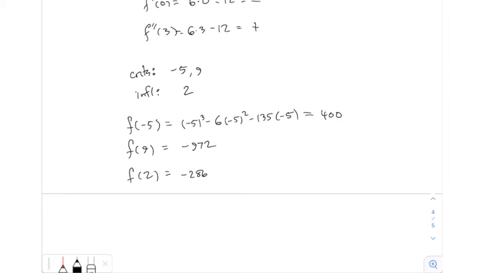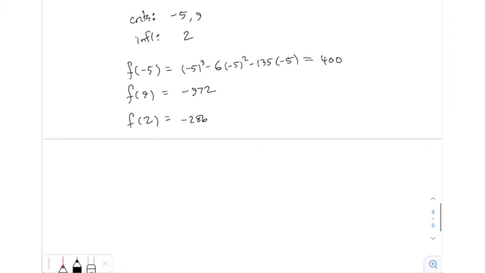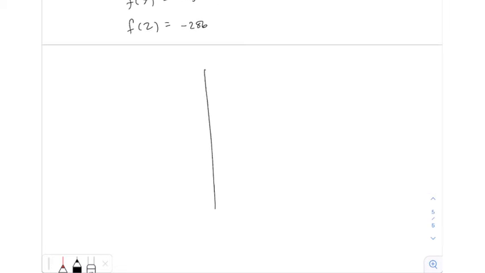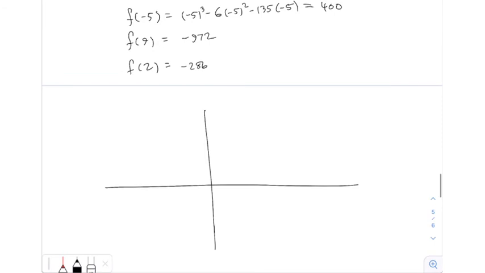All right. So I'm going to start by plotting those points. -5 and 400. I'll just put this here and maybe here. -5 and 400. That's a critical number. I'll put my little horizontal line through there.